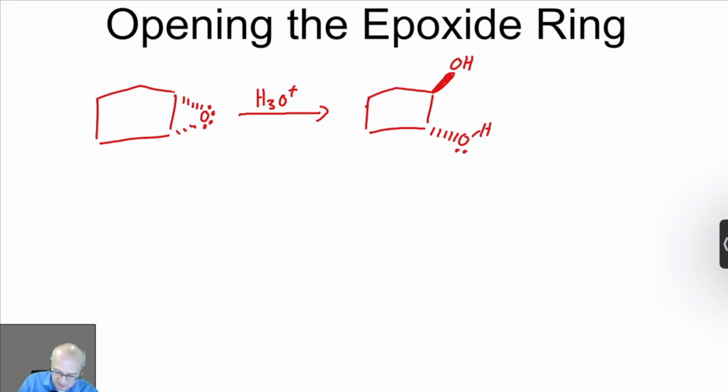Now, when we're looking at this mechanism and how this reaction works, I want you to think about opening the mercurium ion, opening the chlorinium ion, opening all these three-membered ring intermediates that we've been looking at. The difference between this one and the other intermediates we were working with is this isn't an intermediate. You can isolate epoxides. They're not intermediates. But they are reactive in the same way as those intermediates were.